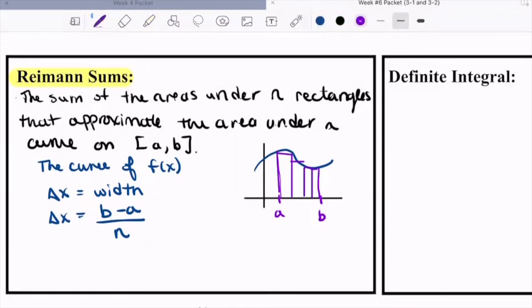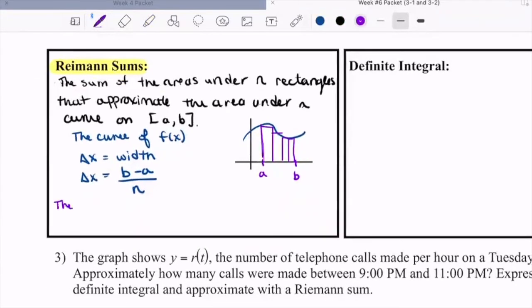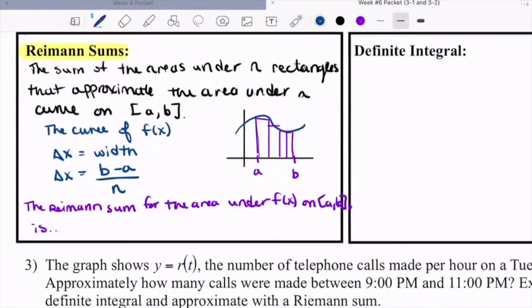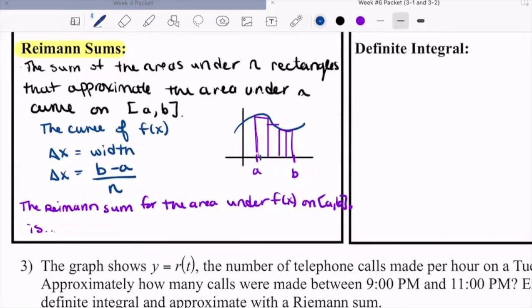So then to finish here, we'd say the Riemann sum for the area under f of x on A to B is the following. So let's call the values on our horizontal axis, our x-axis, x sub 1, x sub 2, x sub 3, x sub 4.